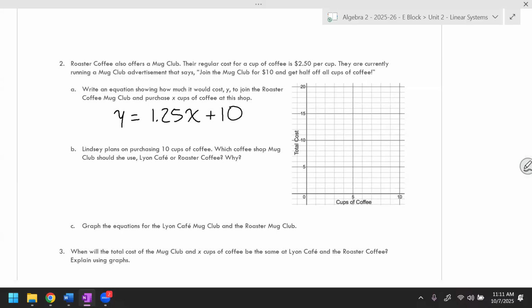Okay. Awesome. Now, starting with B, it wants you to start comparing the two restaurants. Instead of comparing club or no club, this time compare the two restaurants and their clubs. Okay? Jack, I have you on deck. In a couple of minutes, can I ask you about B and C here? Or actually about B, let's say. Mia, can I ask you to talk to me about part C here?